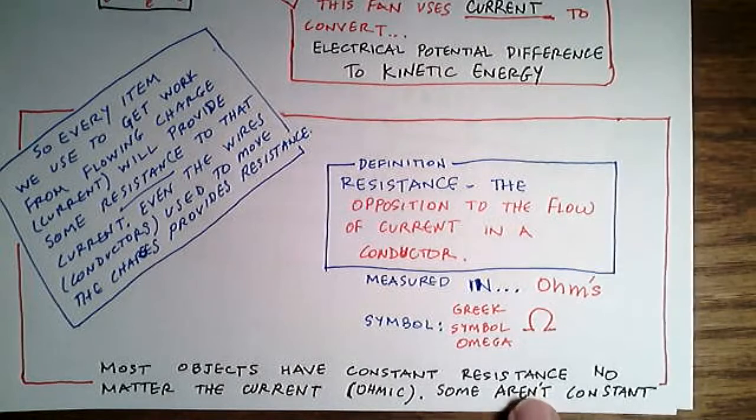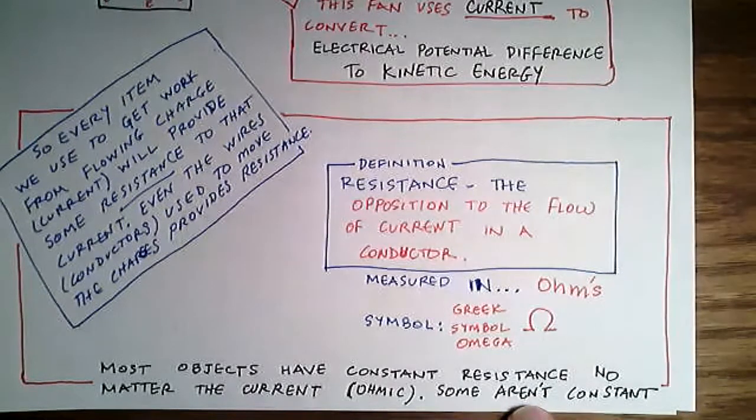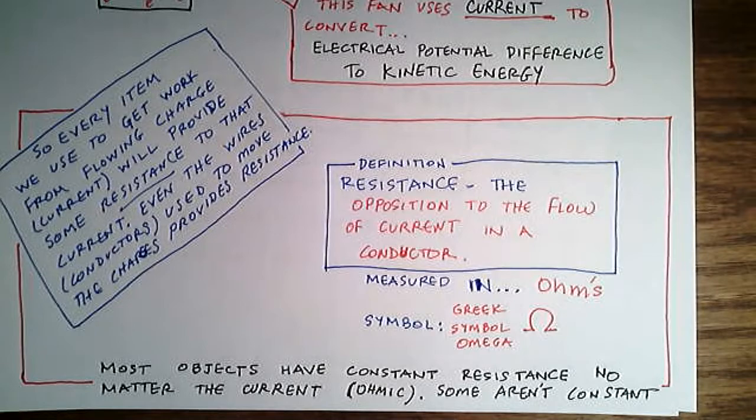Diodes allow current to flow one direction, but if you try to push current through in the other direction, it's like a roadblock. It doesn't let it go through. And so a diode would be an object that is non-ohmic. It doesn't allow the same current to flow through no matter what. So many objects are ohmic, and there are some that are non-ohmic though, where the amount of current you try to push or the direction that you try to push, it provides a different amount of resistance.